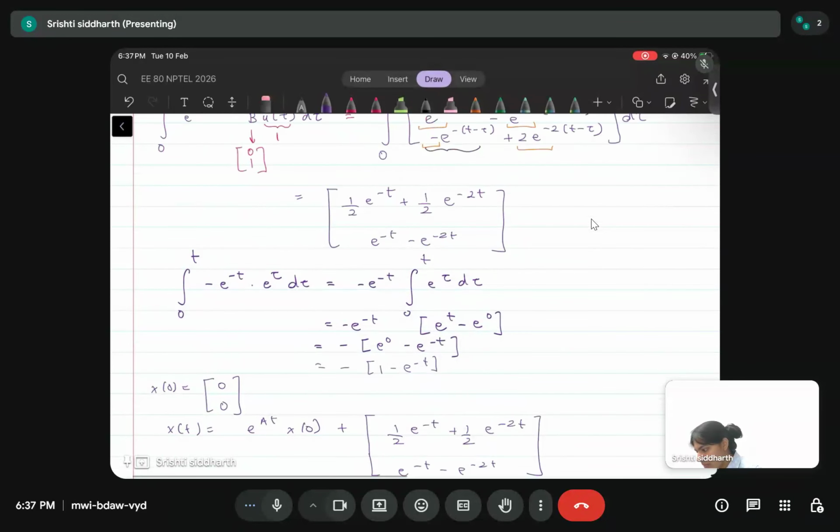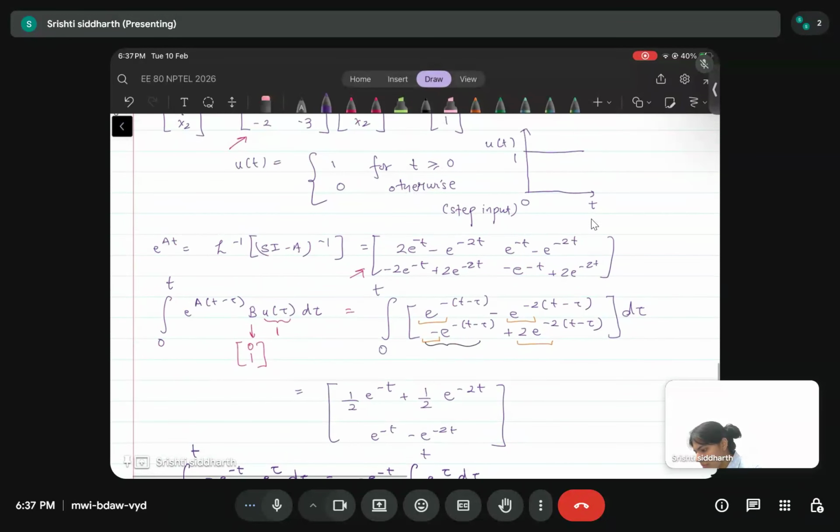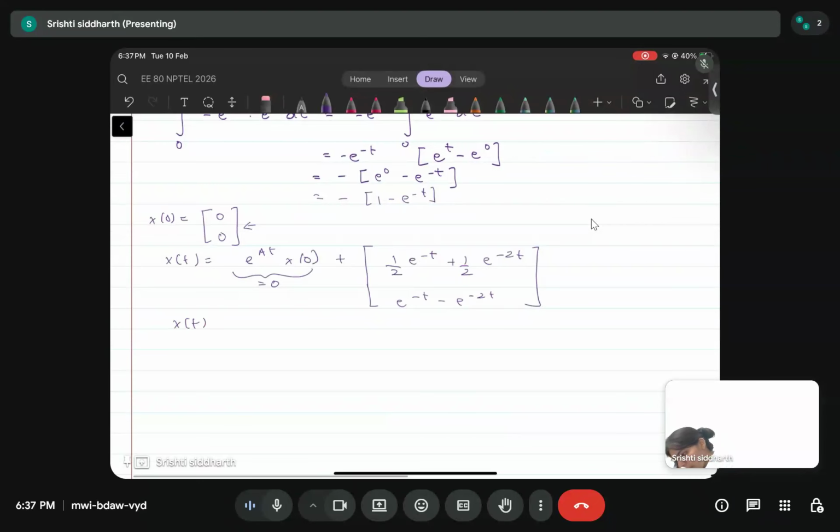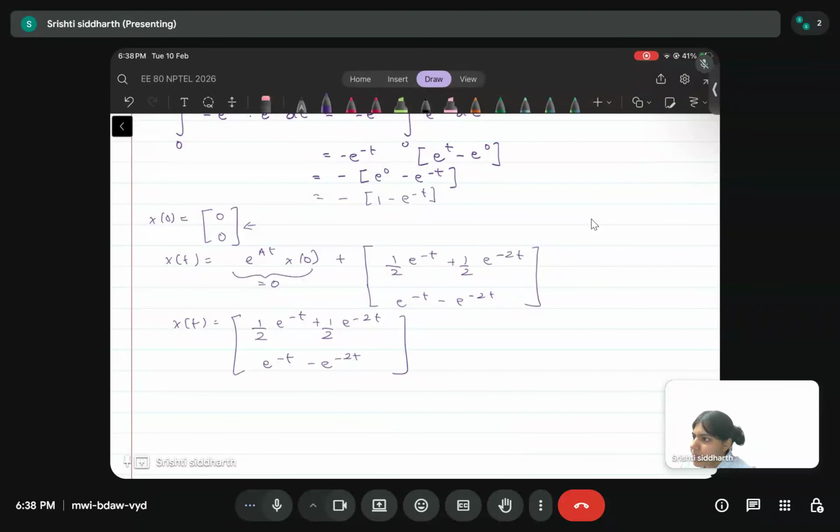After multiplying by the vector 0, 0, this is identically 0, right? So the only solution is due to the input, so the only solution is the forced response.